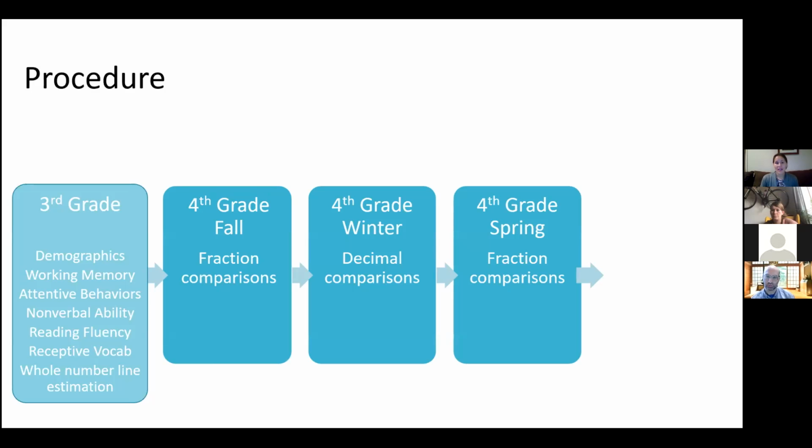Then in 4th grade is when we assessed fraction and decimal knowledge for the first year. In other studies we looked at 5th and 6th grade, but here I'm focusing on that 4th grade cohort. We looked at fraction comparison in the fall of 4th grade and again in the spring, and we looked at decimals in the middle.